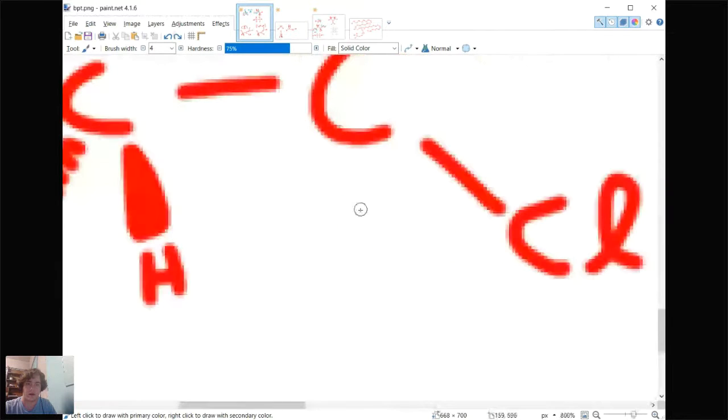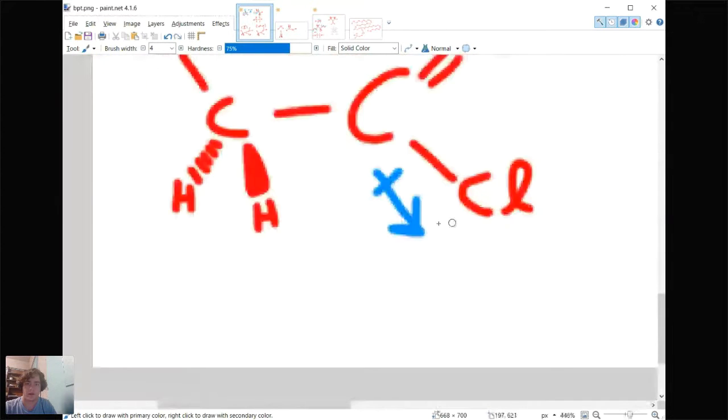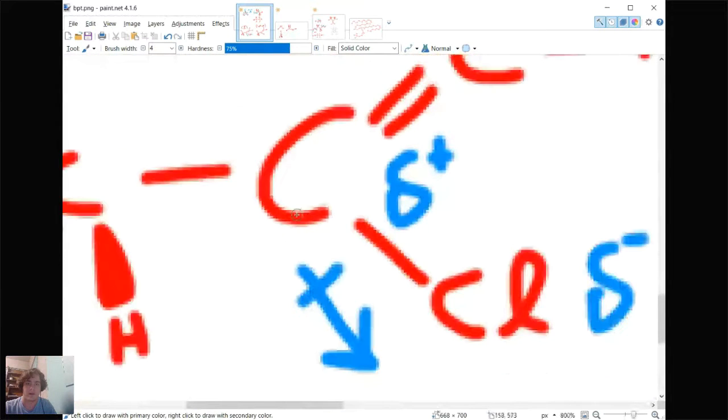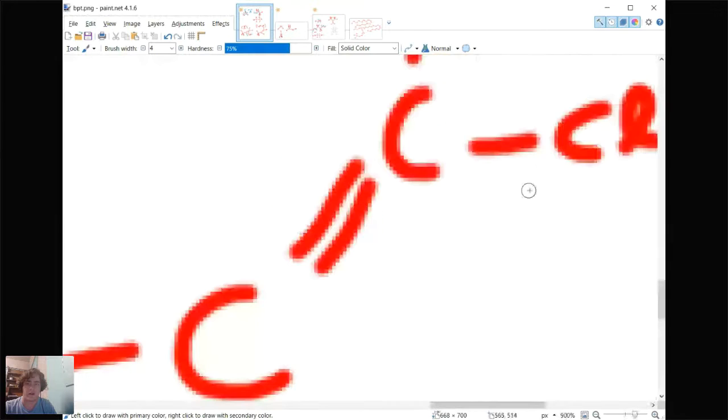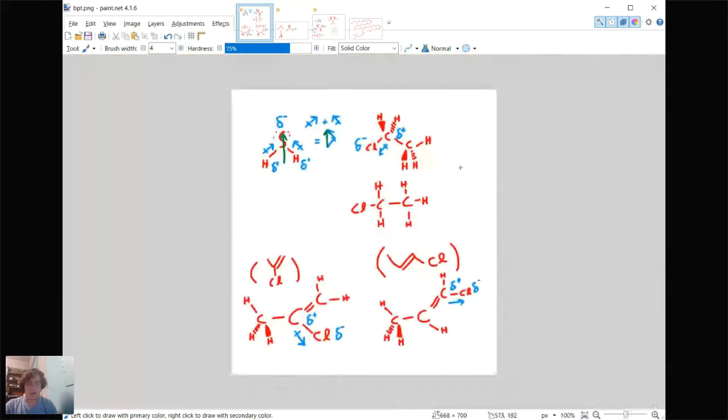But for the sake of the problem, there's a dipole moment, partial negative, partial positive, and in this case, partial negative, partial positive. We're going to be talking about this molecular representation later in the stream.